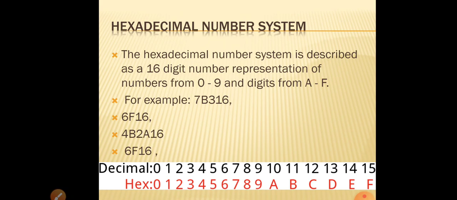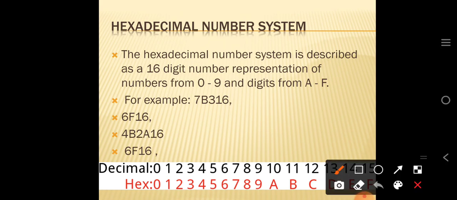In decimal, when we write 0, in hexadecimal it is also 0. For hexadecimal, we use the numbers from 0 to 9 and the alphabets from A to F. While we calculate in the hexadecimal number system, or convert it to another form, sometimes we will have A. How can we write A?